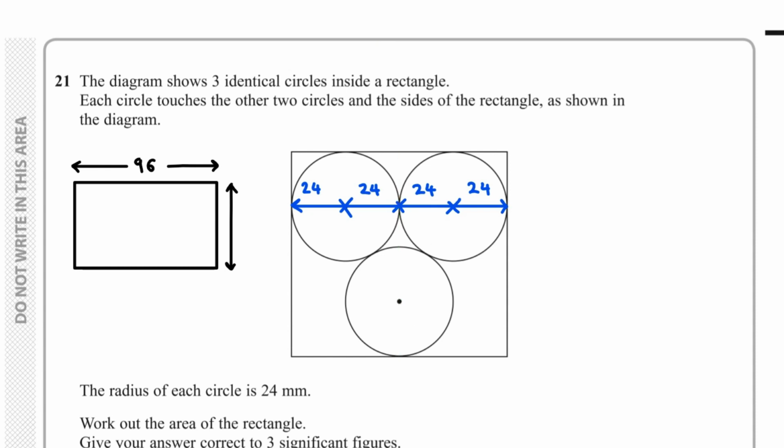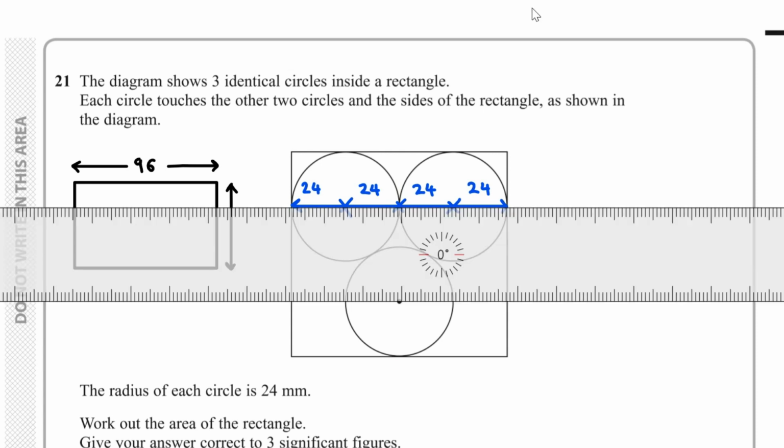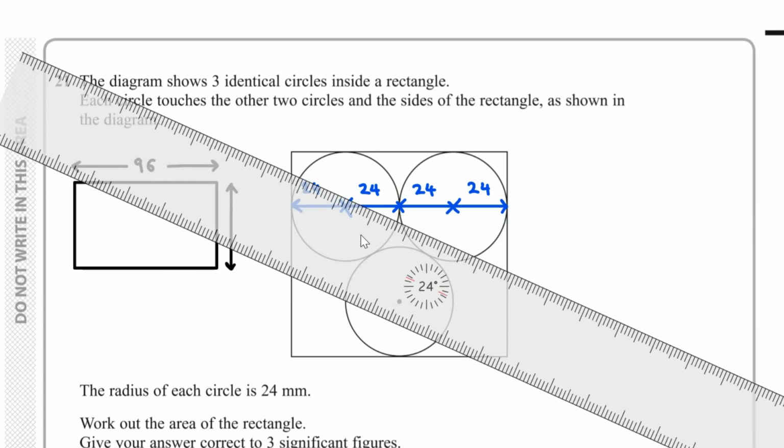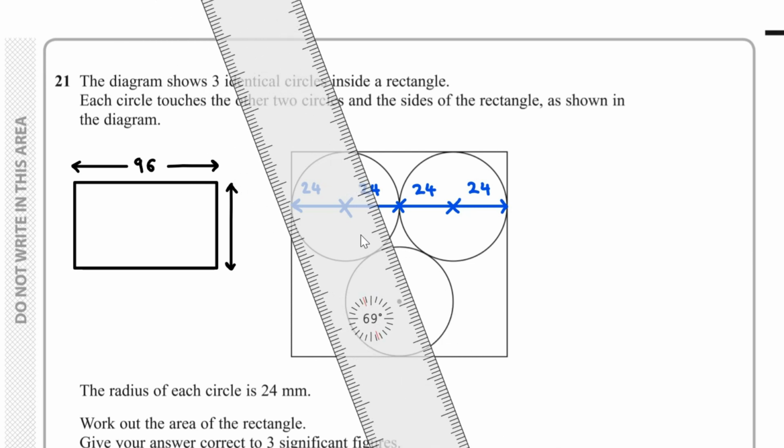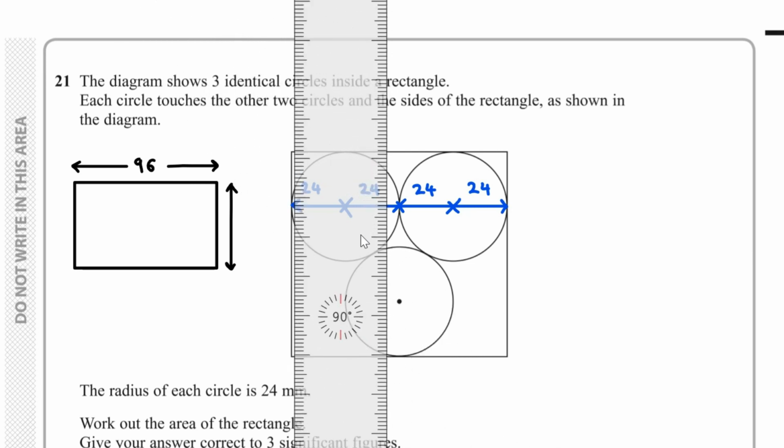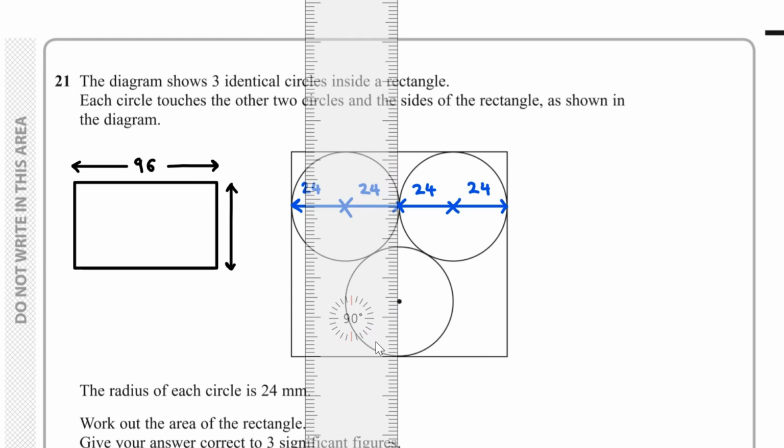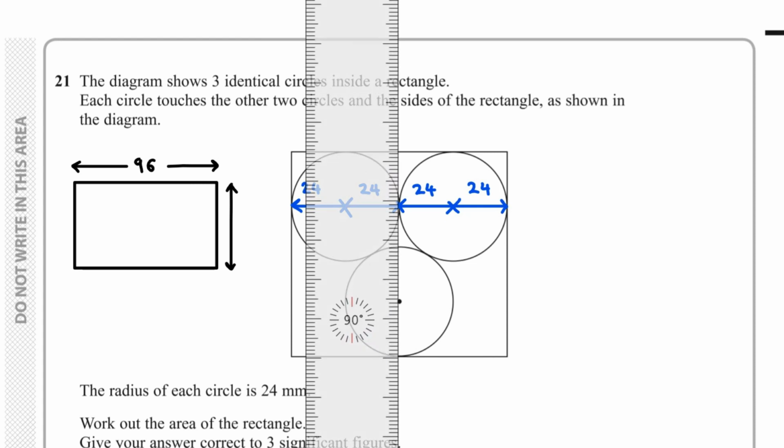So let's just actually show that more clearly. Let's just make our ruler go vertical. So if I add this on, we've got here the 24. Here we've also got 24, but then we've also got this bit over here as well, which we need to work out.